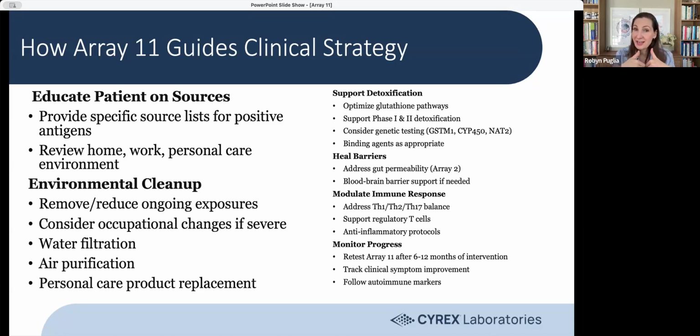It helps us to understand if we need to assess and address the immune barriers of the body. We might need to be thinking about modulating immune response in the context of chemical burden. And of course, it helps us to monitor progress. It allows us a baseline, but also to check improvement of and reduction in body burden.